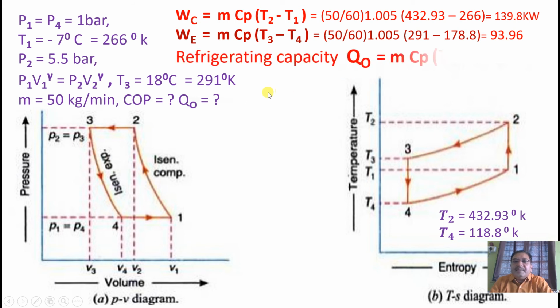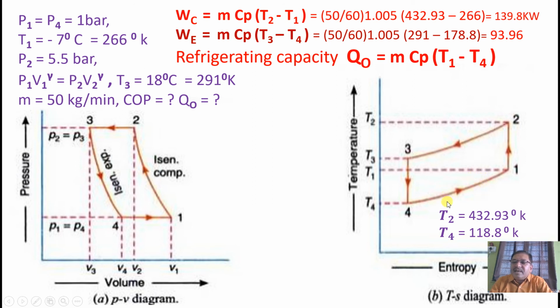Now the refrigerating capacity Q0 is given by this formula: mass into specific heat into T1 minus T4. Now why T1 minus T4? Because the process of heat absorption is 4-1. Here the refrigerator is a heat exchanger. The air absorbs heat from the surrounding and thus provides the refrigerating effect.